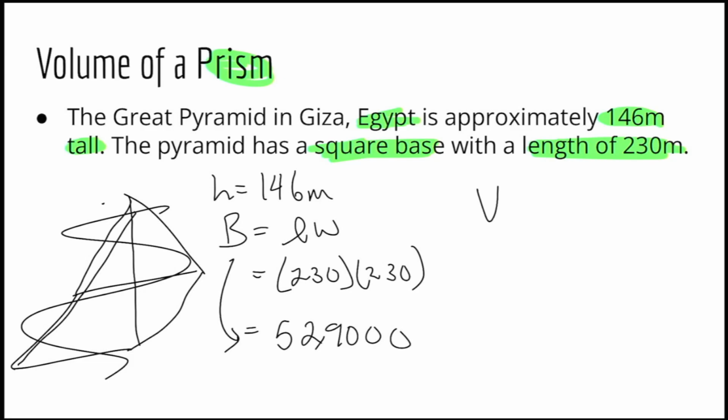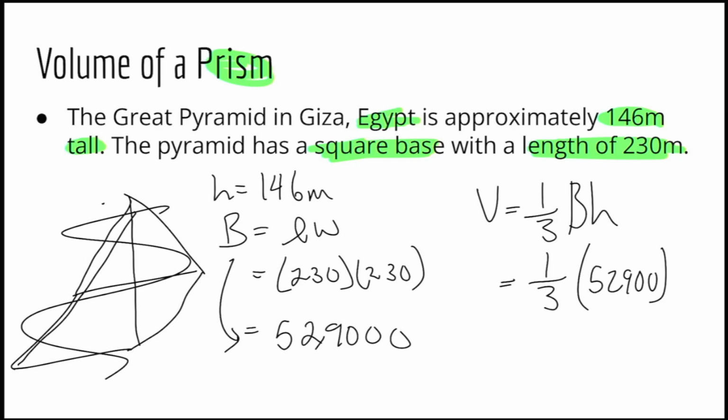That means that the volume of my pyramid is going to be 1/3 the area of the base times my height. Now I just have to plug in my numbers. Times 146. So we're going to multiply my big number, 52,900, times 146, and then divide by 3.